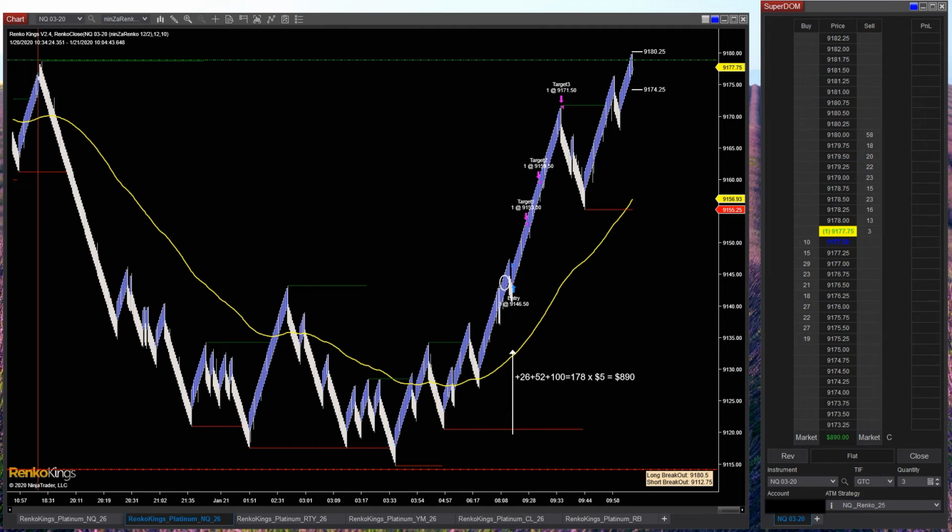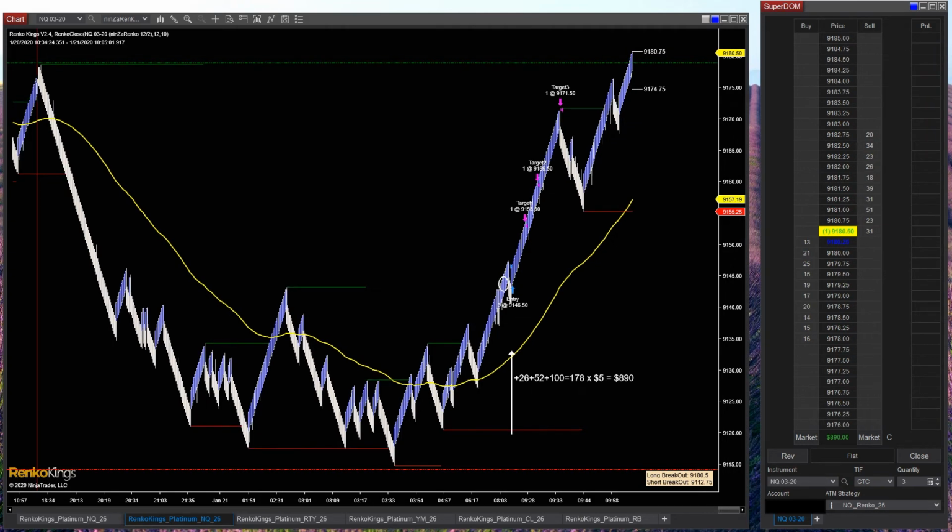Okay, so looks like we're starting to break out of that higher resistance level. So I'm just curious to see what type of signal we get and what the market movement is if we get a signal.